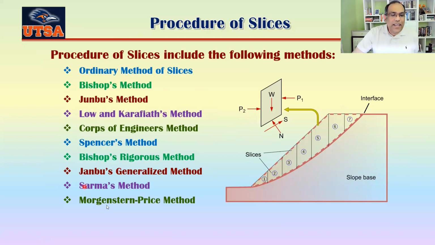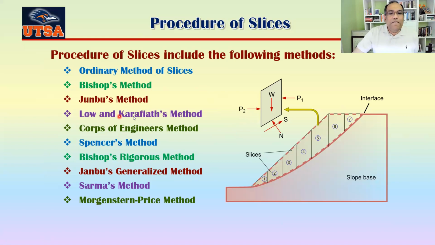Now you can see there are several methods here: the ordinary method of slices, Bishop's method, sometimes called the simplified Bishop's method, Janbu's method, and Janbu's generalized method, okay?